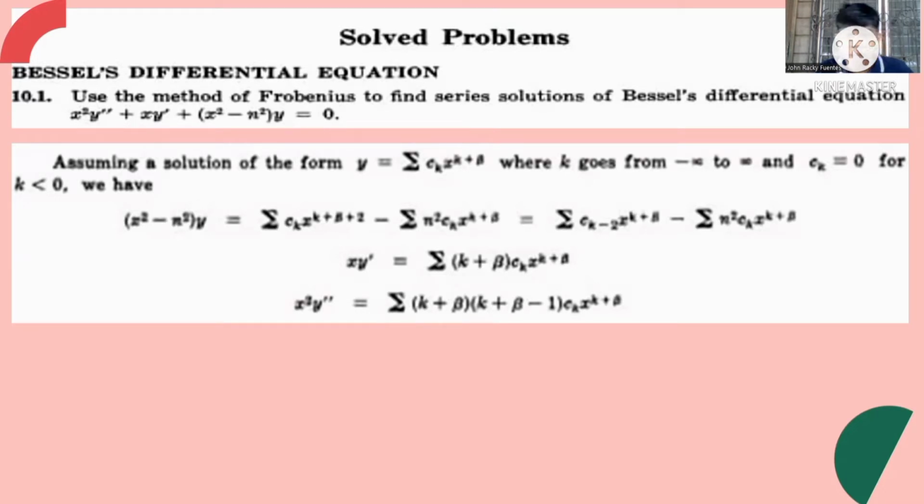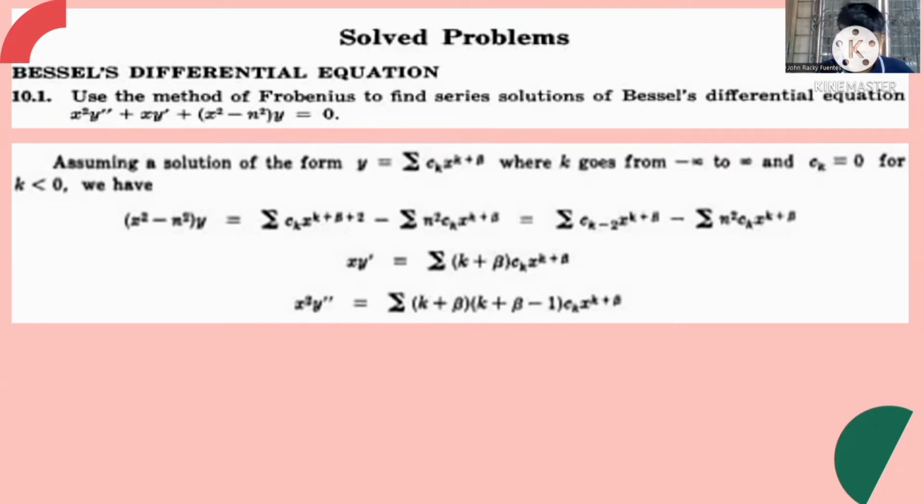We have, ito yung makukuha natin pag in-assume natin yung form na to. (x squared minus n squared) y is equals to the summation of c sub k x raised to k plus beta plus 2 minus the summation of n squared c sub k x raised to k plus beta.